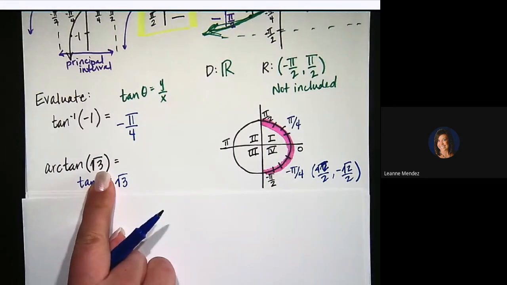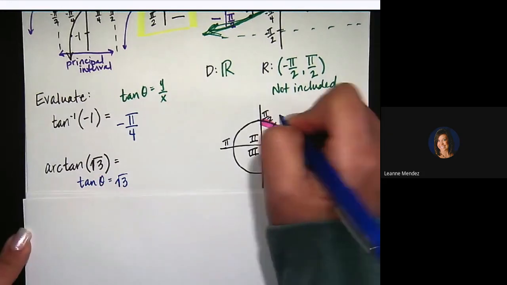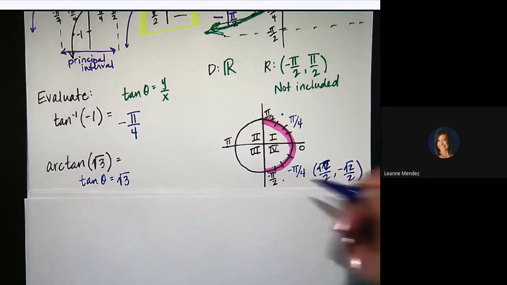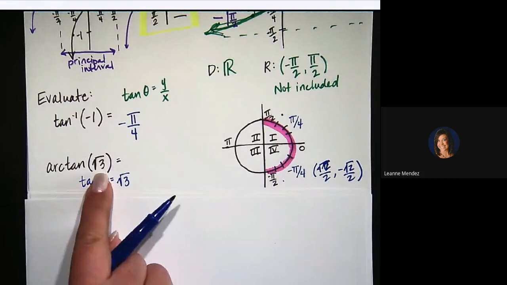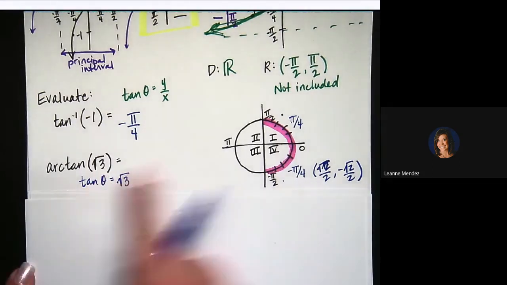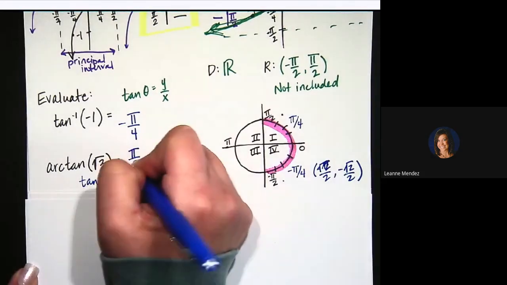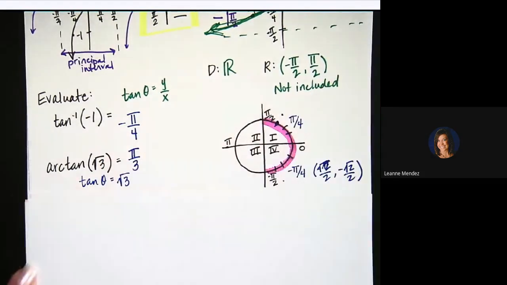It's coming from a special angle that has a denominator of 3. So that could be positive pi over 3, or it could be negative pi over 3. If this value is positive, that's going to come from quadrant 1. So this is going to be pi over 3 right here.